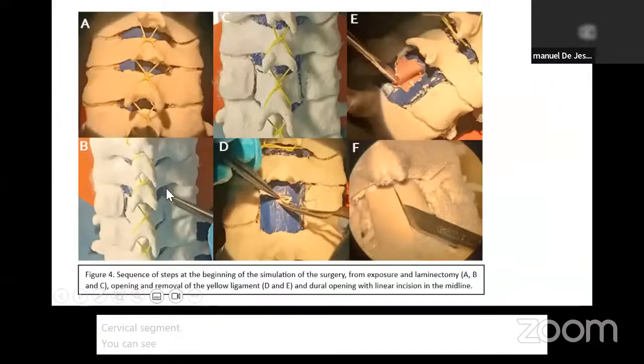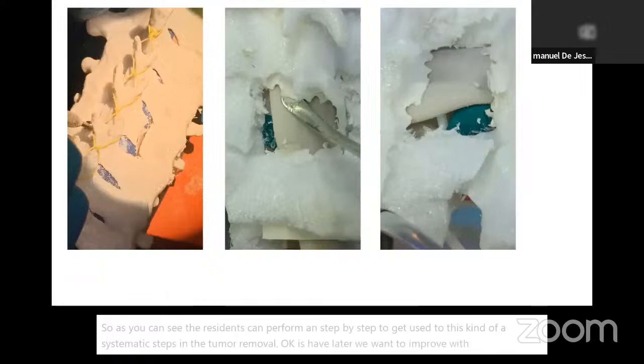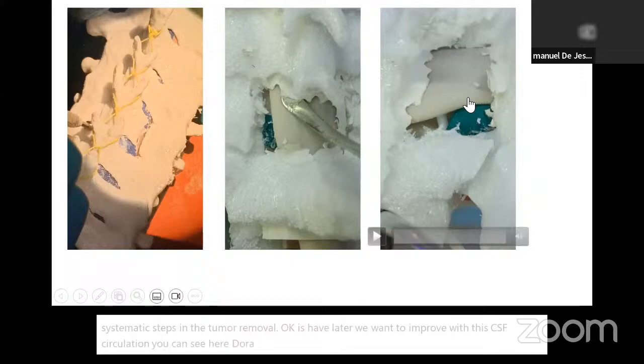As you can see, the residents can perform step by step to get used to this kind of systematic steps in tumor removal. Later we want to improve this with CSF circulation. You can see here the dura. You can see this is the tumor.